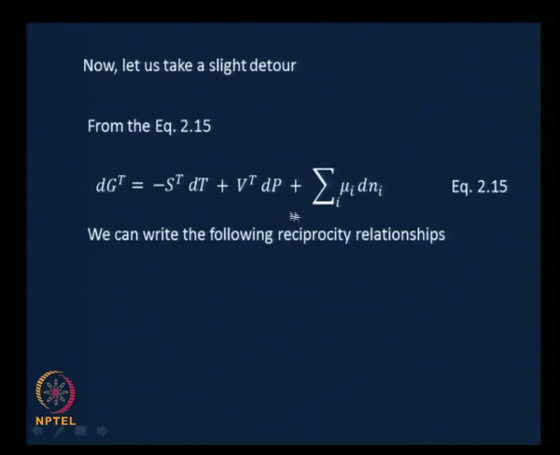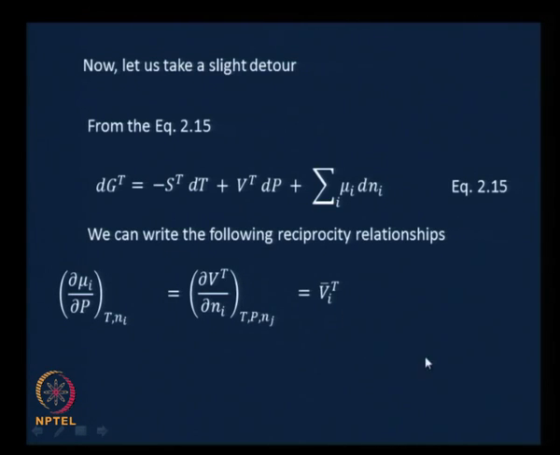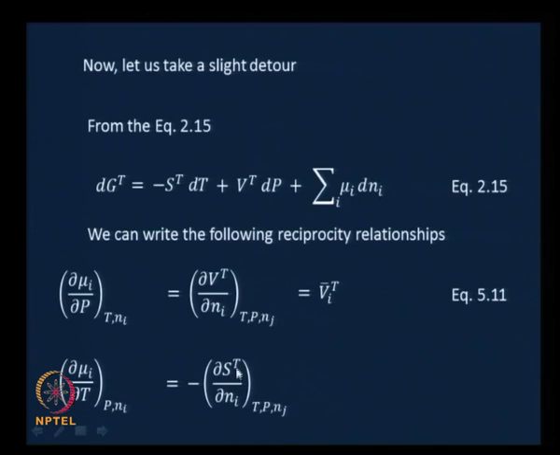I think we took these two first and then these two to get ∂μi/∂P at constant T, n_i as ∂V/∂n_i at constant T, P, n_j, and this by definition became the partial molar volume of the component i, and ∂μi/∂T at constant P, n_i became minus ∂S/∂n_i at constant T, P, n_j, which by definition is the partial molar entropy of the component i, the negative of that.